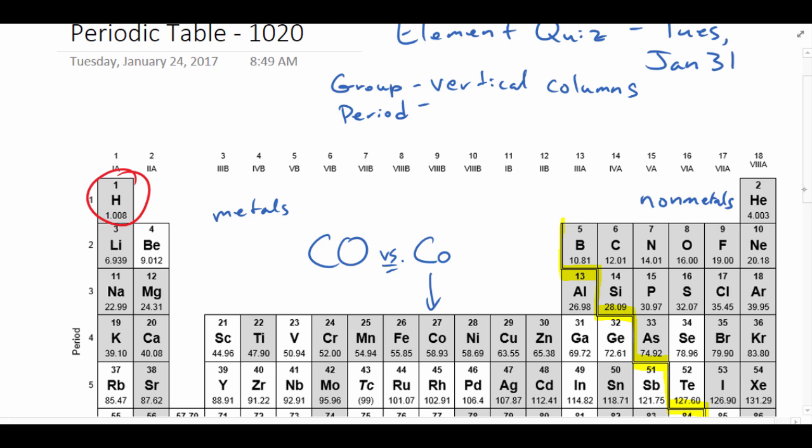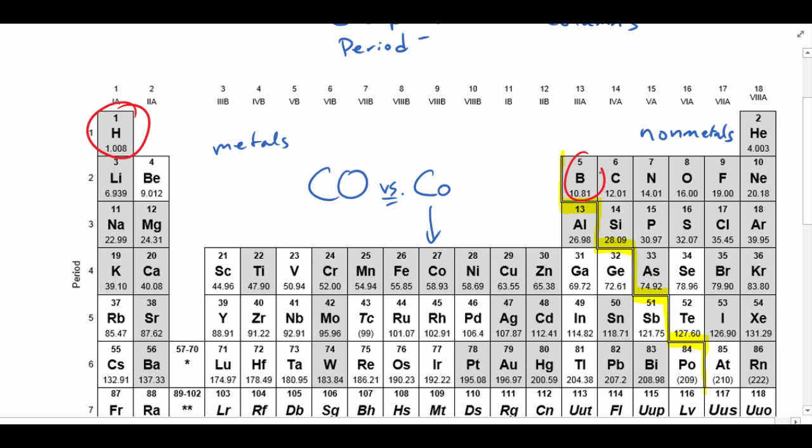Then we have some elements that are right along the staircase that have properties of both metals and nonmetals. We call them metalloids. They're the ones that appear immediately to the left or right of that staircase.